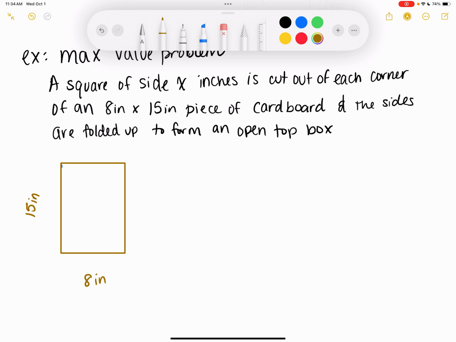They tell me they cut out a square from each corner, and it's x inches, so I'm going to put an x on each of the outer edges of the corners there.